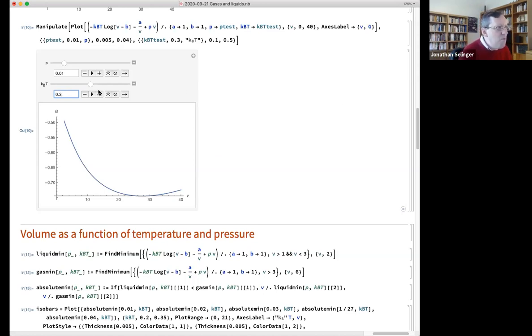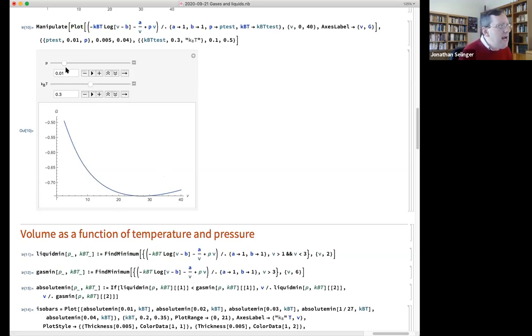Now, the thing that I'm plotting is like this. This is the Gibbs free energy that we calculated. It has the logarithmic term, it has this negative A over V term, and the positive pressure times volume term. So what can you see here?